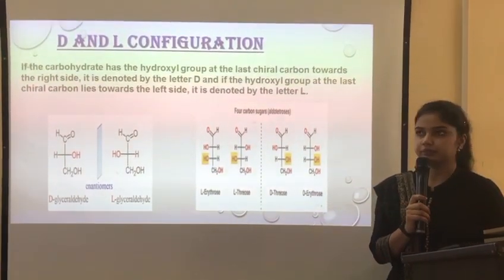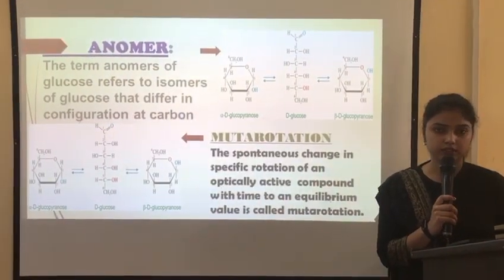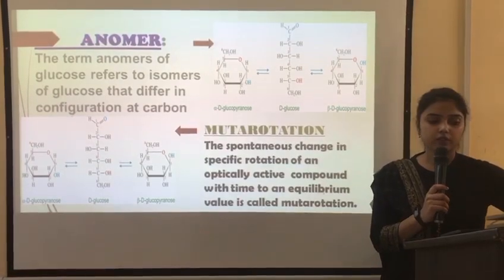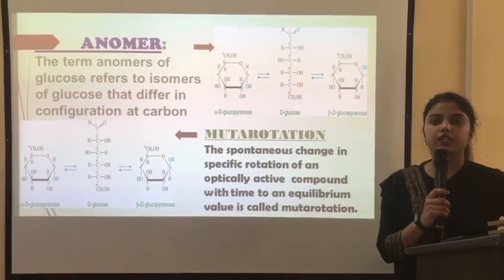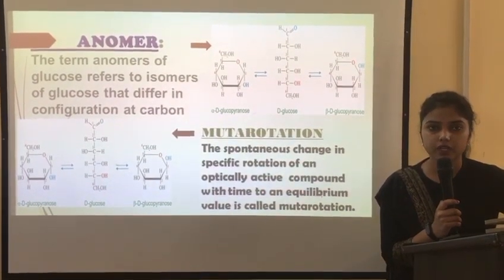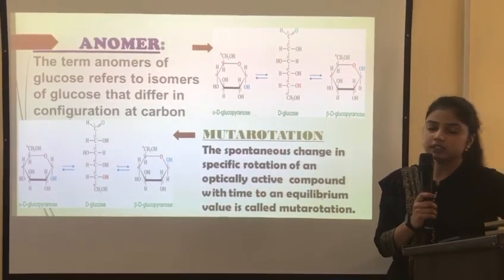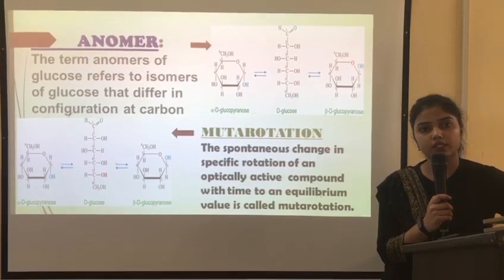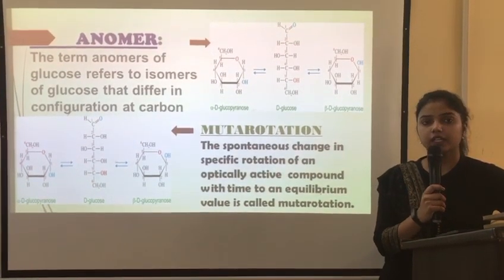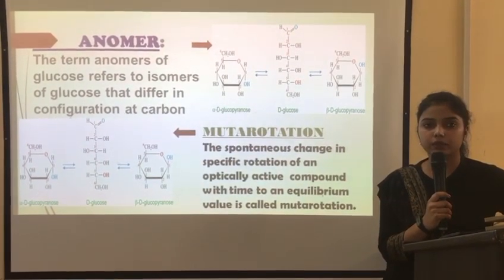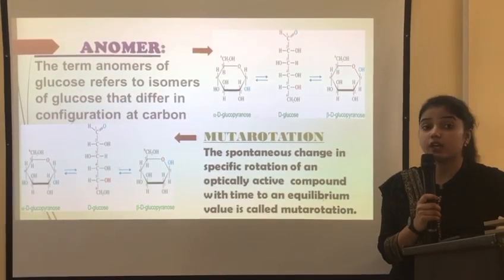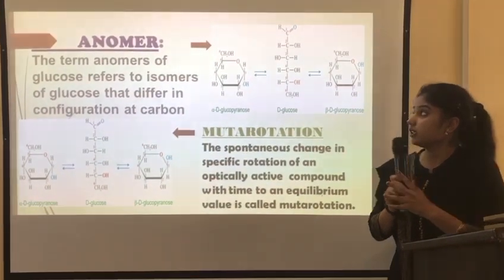Next topic is anomers. Anomers of glucose refer to isomers. Glucose has two anomers. Anomers again deal with the OH group. Second, it deals with the position of carbon 1.